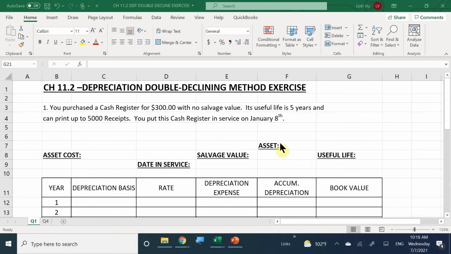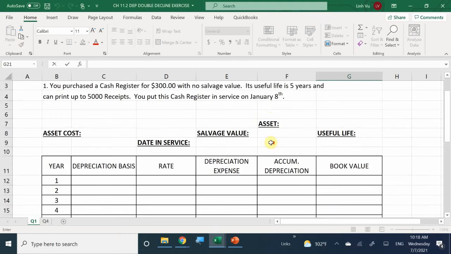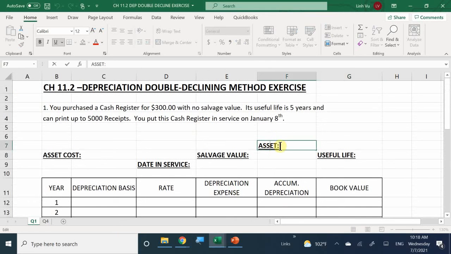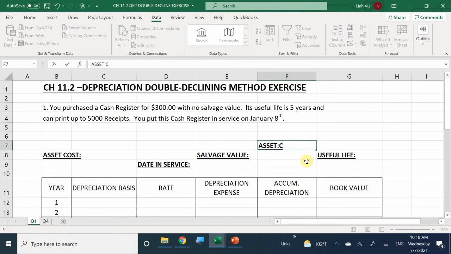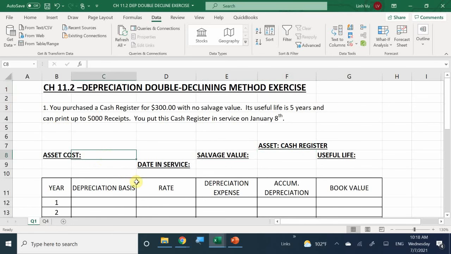So what did I buy? A cash register. How much was this cash register worth? $300.